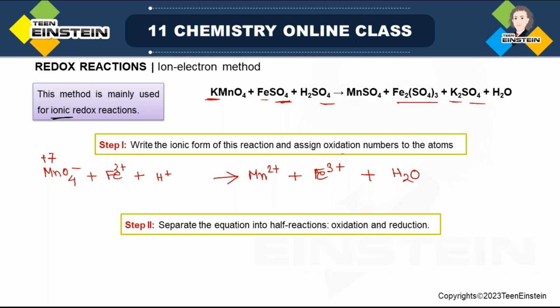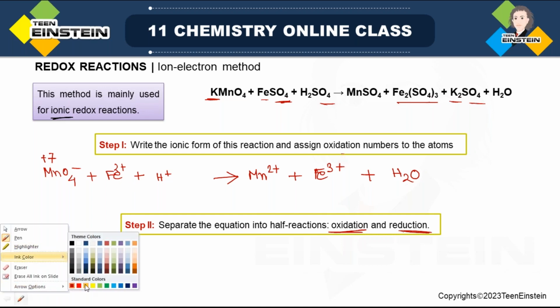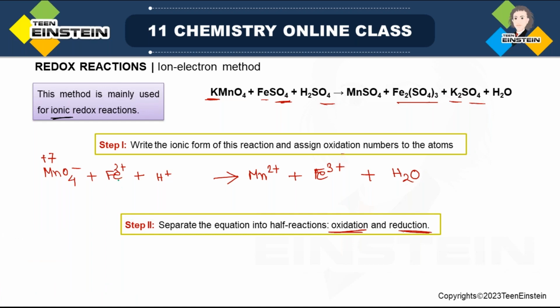Now as it is the ion-electron method, it is also called the half reaction method. So we will break this equation into half reactions. One reaction will be oxidation, another one is reduction. Now if you look at this equation carefully, you will see Fe²⁺ is oxidized.